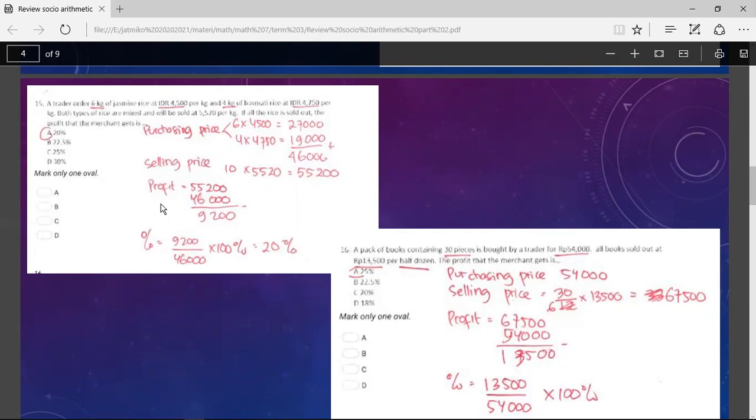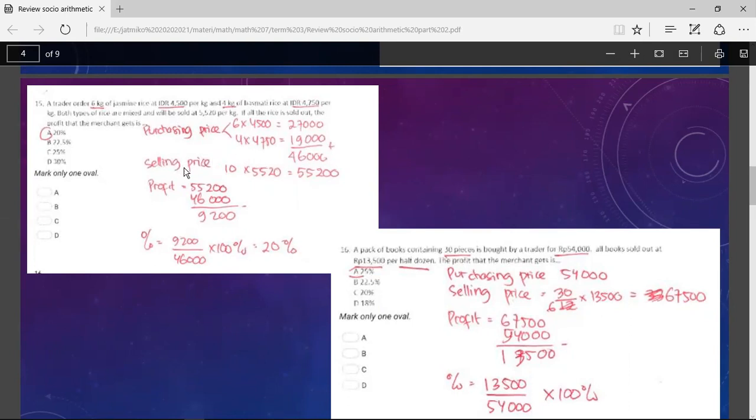The first step is to find the purchasing price because they buy two kinds of things. For jasmine, 6 times 4,500 is 27,000. And then 4 kilograms of basmati, 4 times 4,750, is 19,000. That is equal to 46,000.